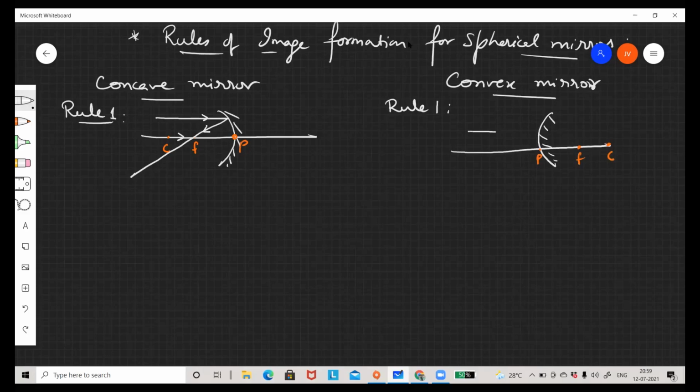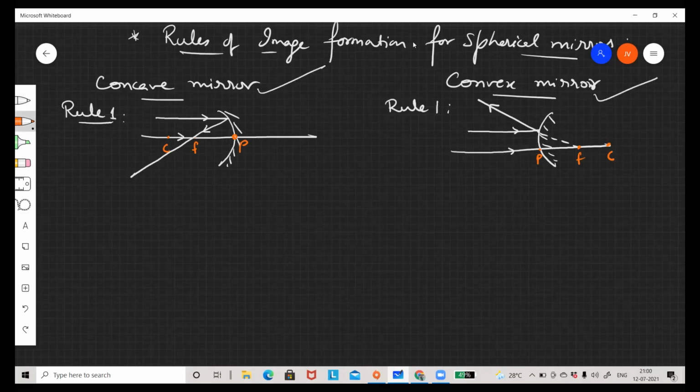So if a ray of light is incident parallel to the principal axis, after reflection, it appears to have diverged from the principal focus. This also means that the principal focus for a concave mirror is on the left side, and the principal focus for a convex mirror is on the right side.